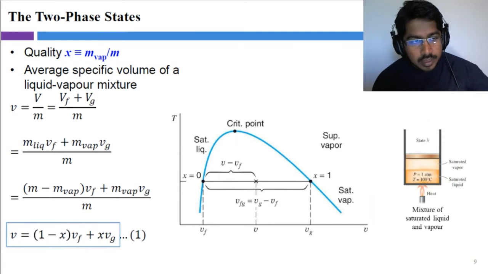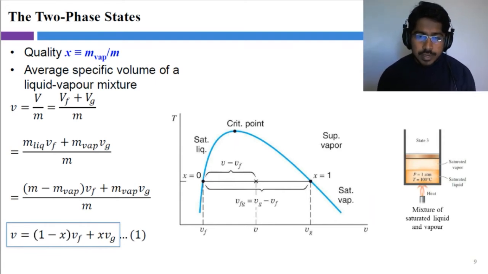And now, if we know the temperature or pressure with specific volume, can we define a state inside the dome or two-phase region? We'll call this one two-phase region. There are other two-phase regions as well, but in this course, we are not going to consider them for our calculations.